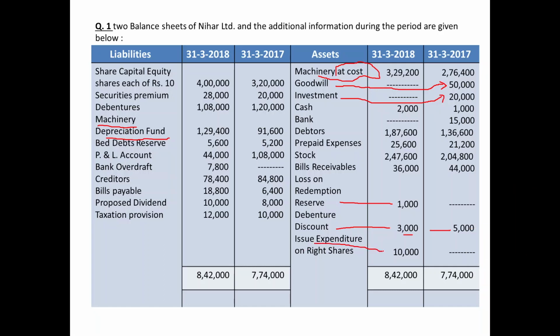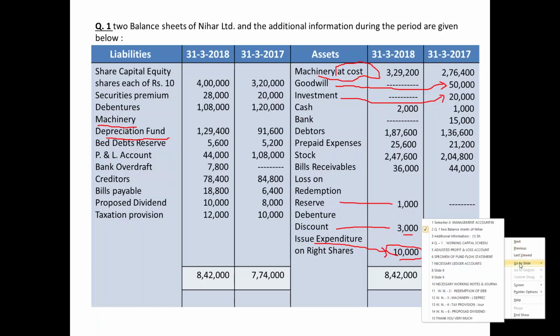Last item on the asset side. Right issue expenditure. See, last year, that is 2017, nil balance, and in the current year closing balance 10,000. What does it mean?